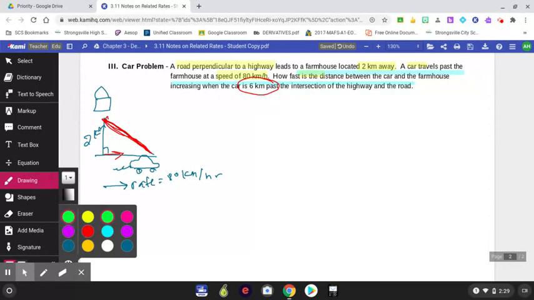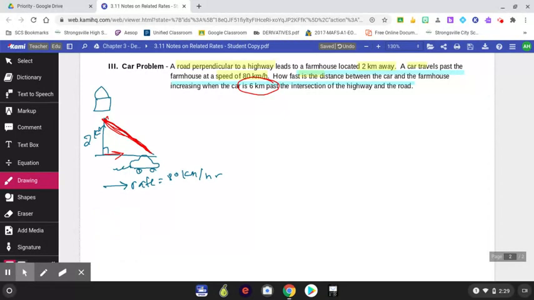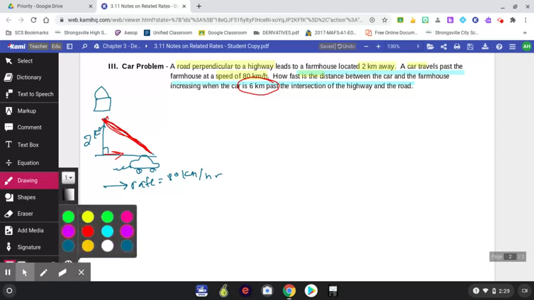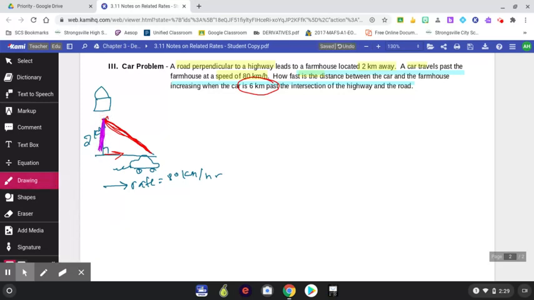Well, I don't know about you, but this to me looks like a right triangle. And when I'm dealing with distances in right triangles, I'm thinking about the Pythagorean Theorem. I know that this length right here, this 2 kilometers, is a fixed value. But I don't know the values of the hypotenuse of this triangle or the lower leg of this triangle.